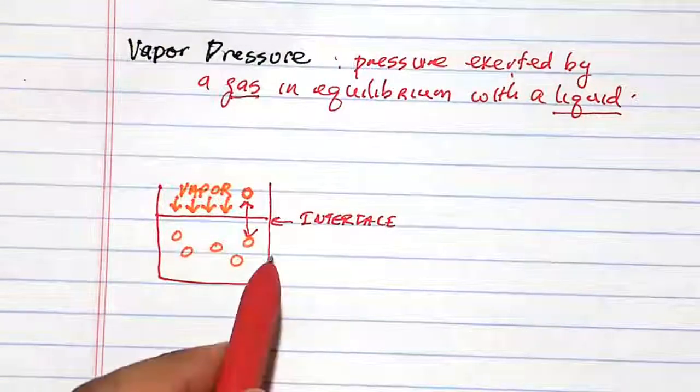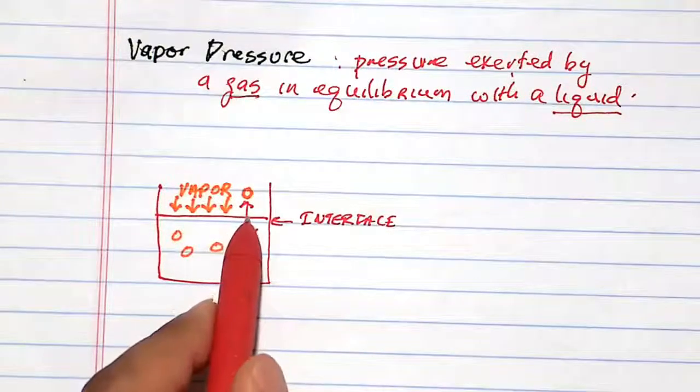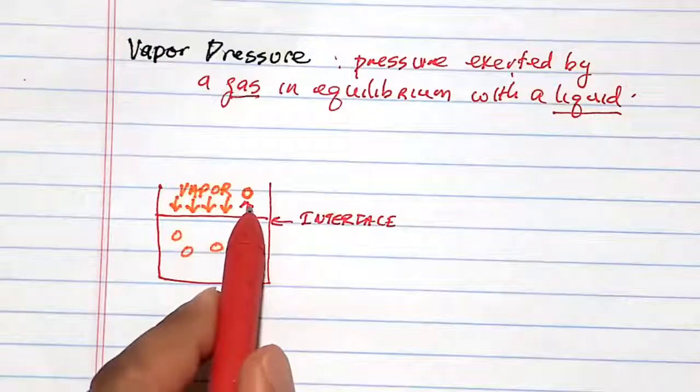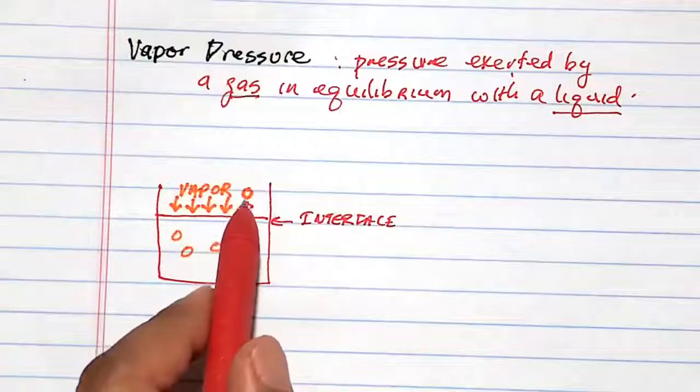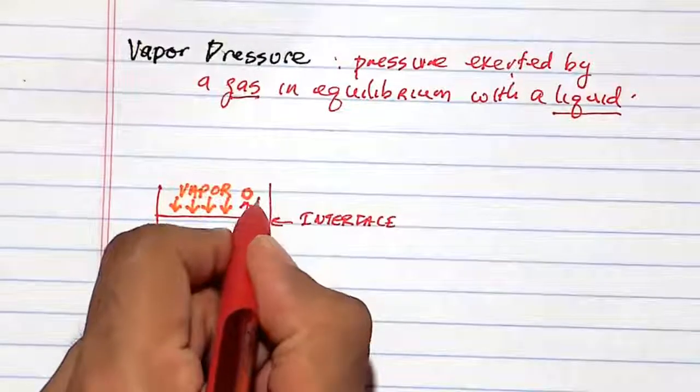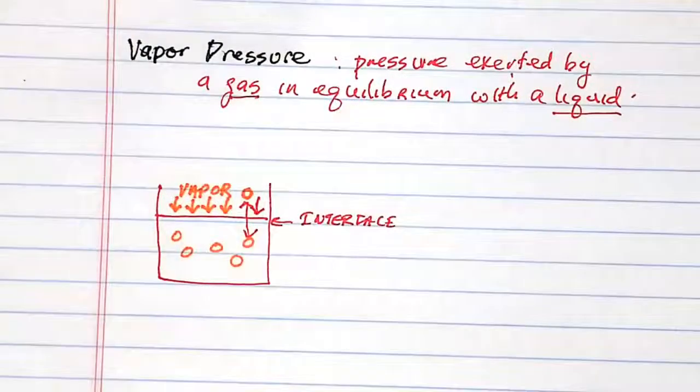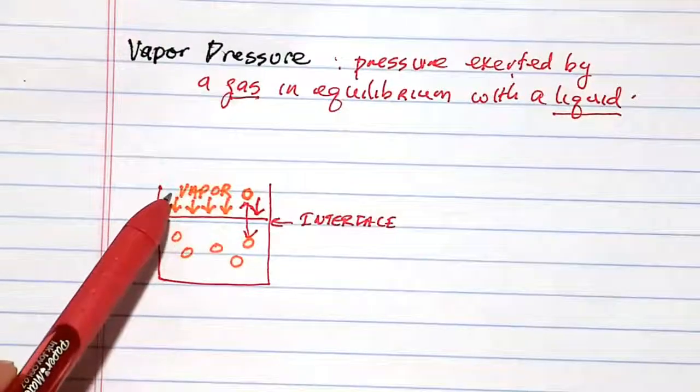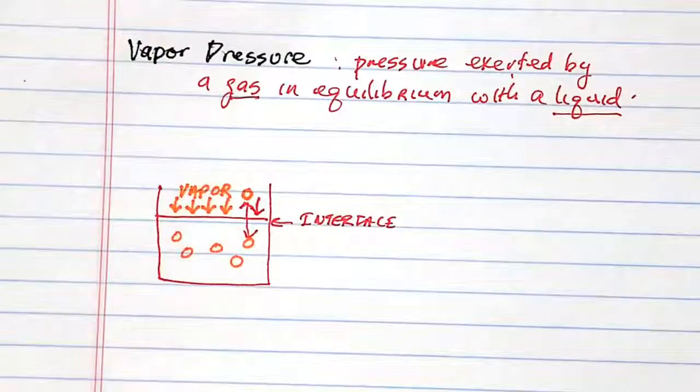And in order for this molecule to break free, quote unquote, and go as a vapor, that vapor could also come back down. And when it comes back down, that's when it exerts a vapor pressure. So this pressure that's exerted as it goes from the vapor state to the liquid state is the vapor pressure that's exerted by that vapor on this interface.